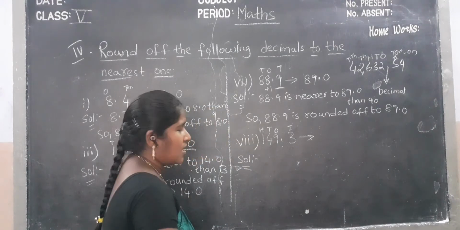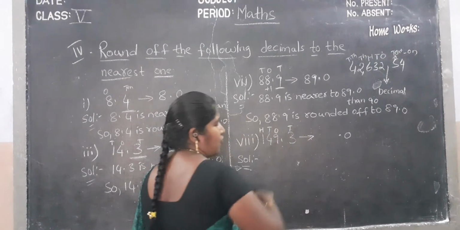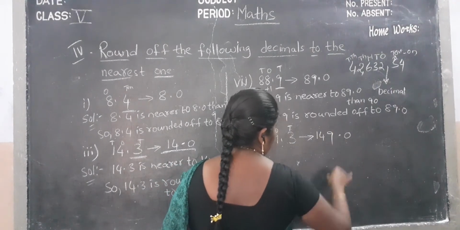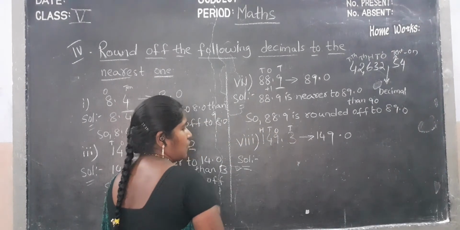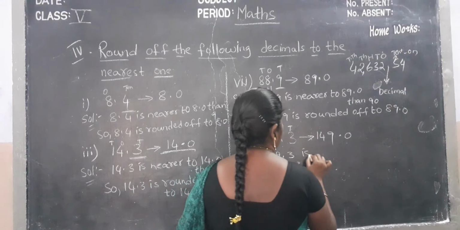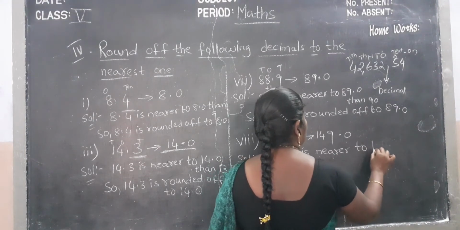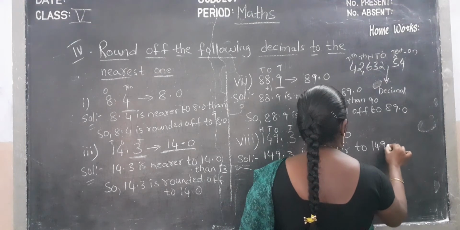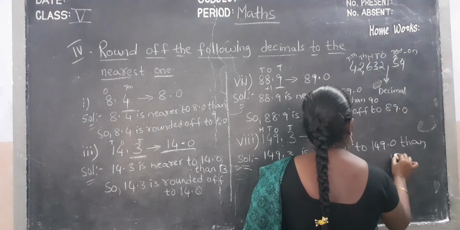Less than 5 means that the rule is after the point we will keep the zeros, and before the decimal you should write all the numbers as usual, as they are, children. So that one is 149.0. So 149.3 is nearer to 149.0 than 150.